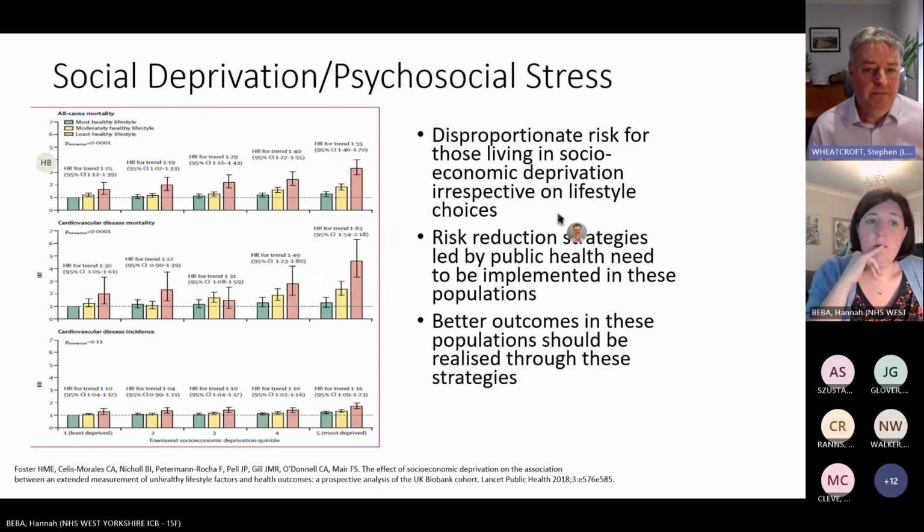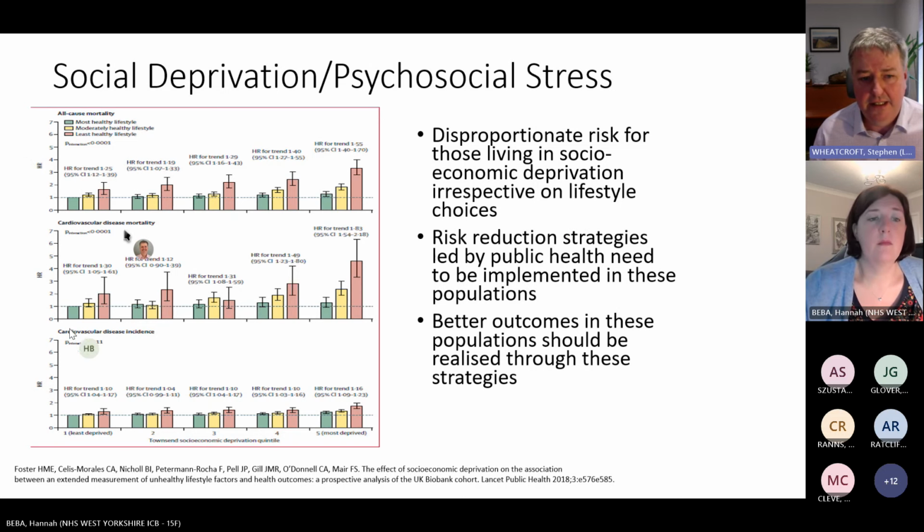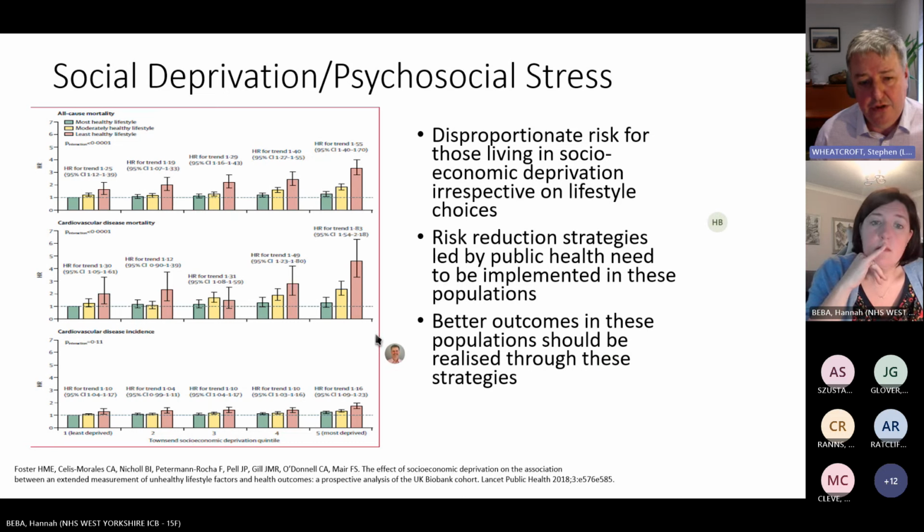So we talked about social deprivation maybe impacting on Hadil's risk of future cardiorenal metabolic progression and events. And this slide just illustrates this quite nicely. So if we look, for example, at the middle panel here, this is cardiovascular disease mortality, and this is stratified from left to right, depending on the socioeconomic deprivation quintile, with the most deprived being over on the right.